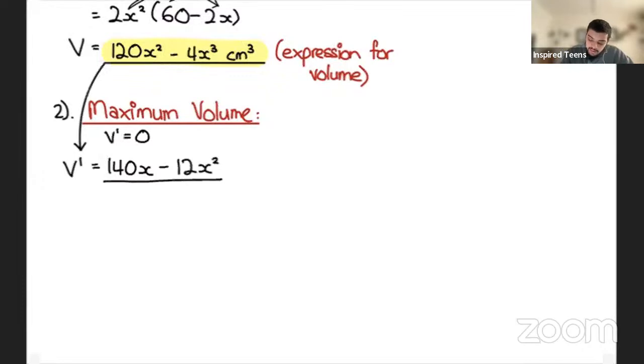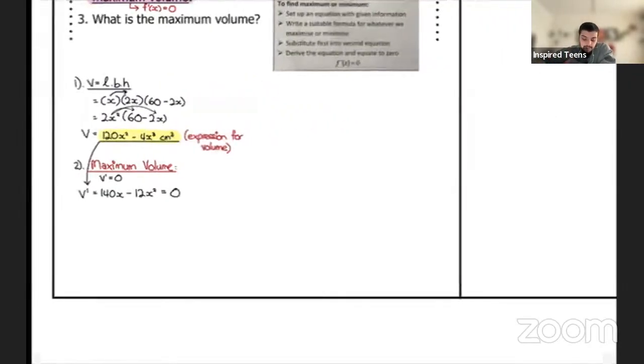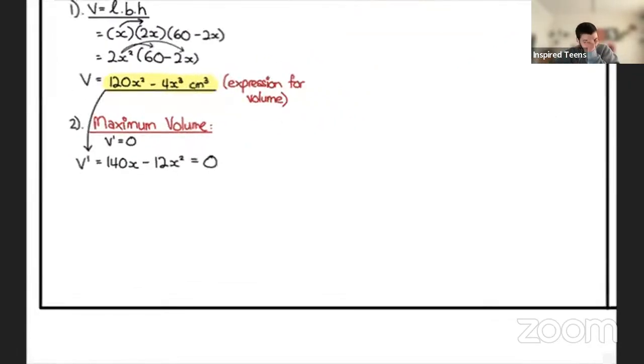This is basically the first derivative of the volume expression, and if I want to find the maximum, I will take this and equate it to 0. These are fairly straightforward examples: you want to find maximum, you derive your expression and you equate it to 0.